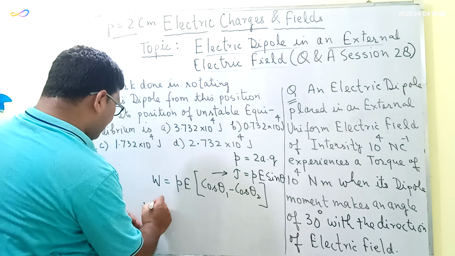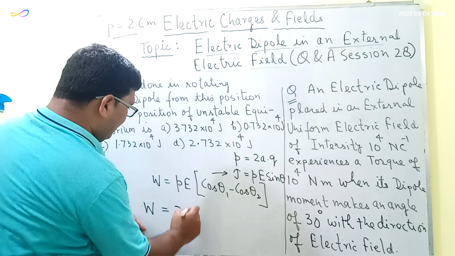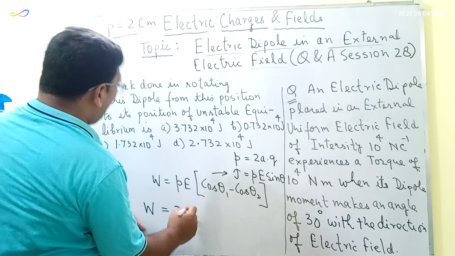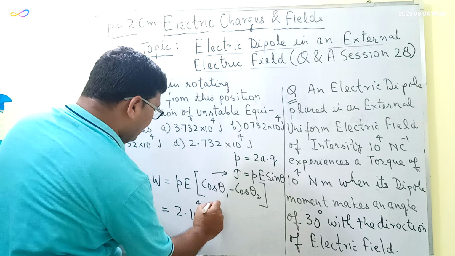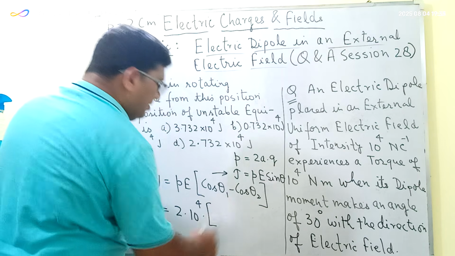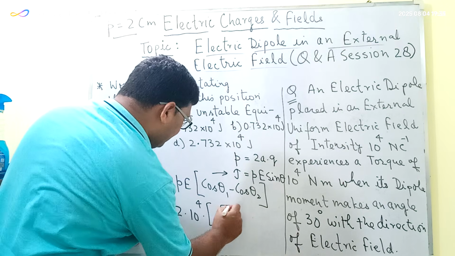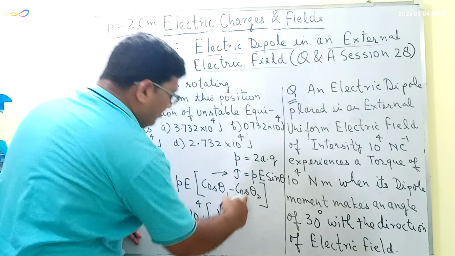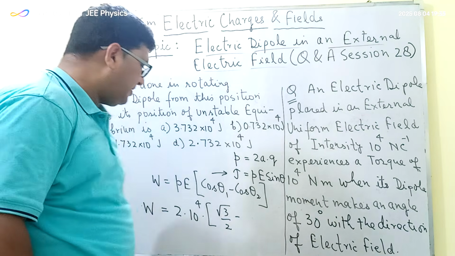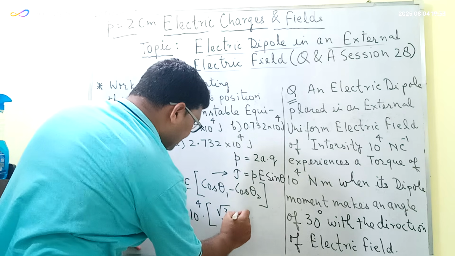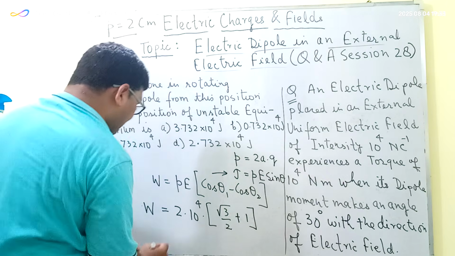So the work done will be equal to p, which is 2 coulomb meter, and the intensity of the electric field is equal to 10 to the power 4, into cos theta 1, which is cos 30, equal to root 3 by 2, minus cos theta 2. Now theta 2 will be equal to 180 degrees, so cos 180 will be equal to minus 1, so this will be equal to plus 1, minus minus plus.